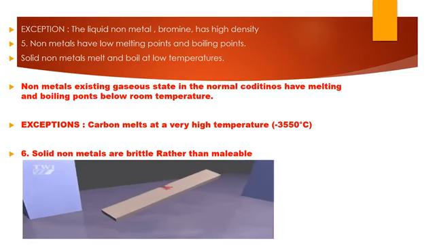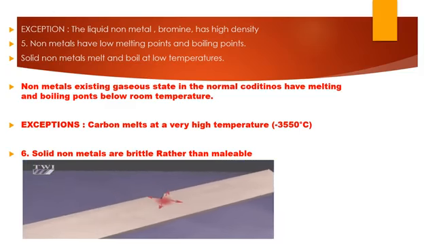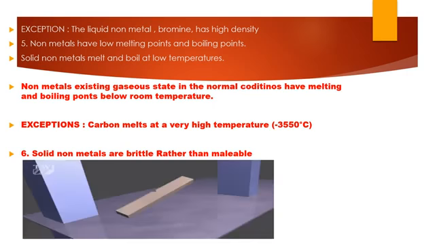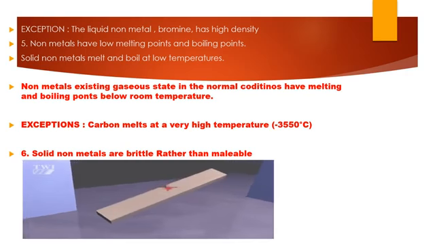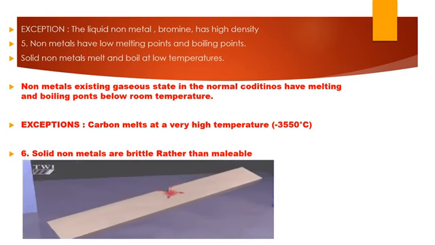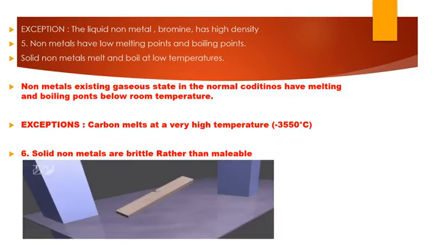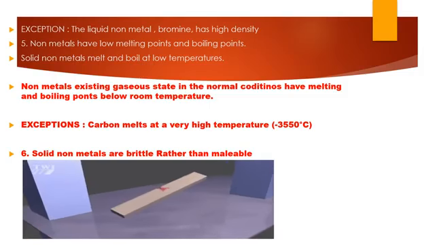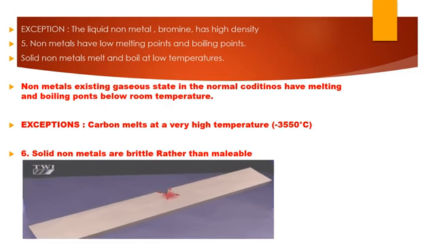Non-metals existing in gaseous state in normal conditions have melting and boiling points below room temperature. So some of them are gaseous, some are solid, and some are liquid at room temperature. So the boiling points are also very low.